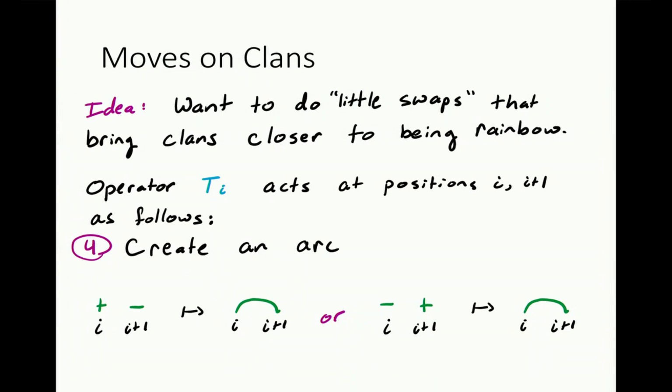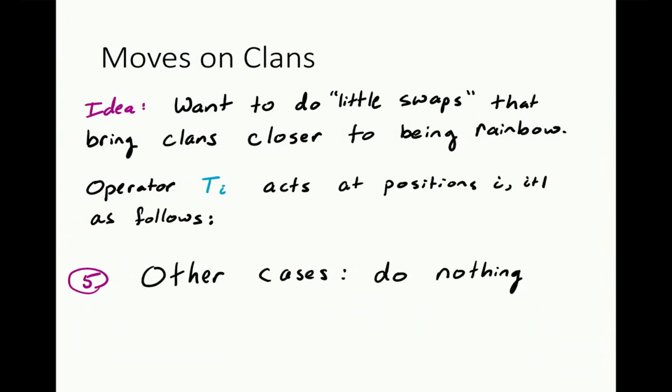We can do this when these signs are in adjacent positions at i and i plus 1. Now, we can also try to act by T_i if we're not in one of these situations, but it wouldn't bring us closer to rainbow. And so in the other cases, we just do nothing. If you're not going to get closer to rainbow, do nothing.